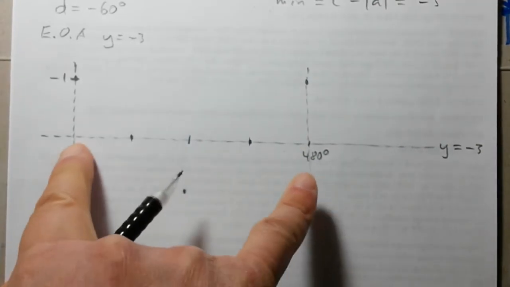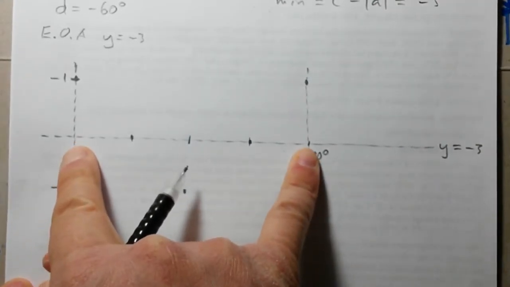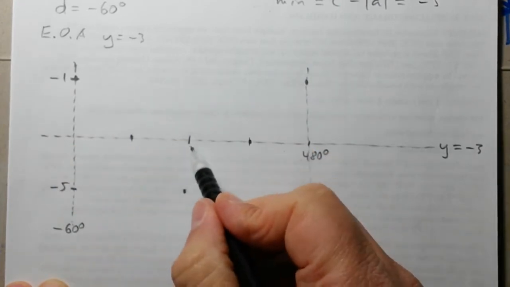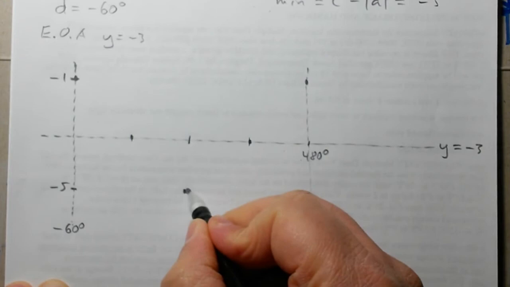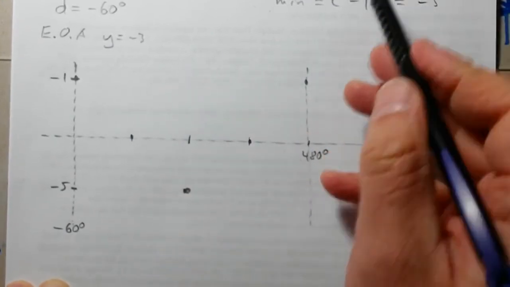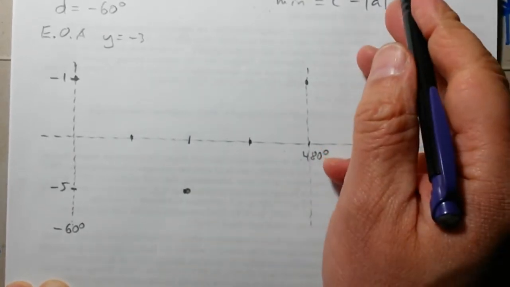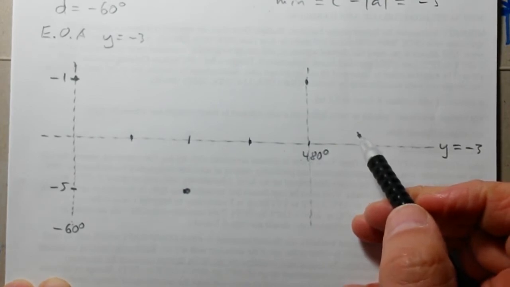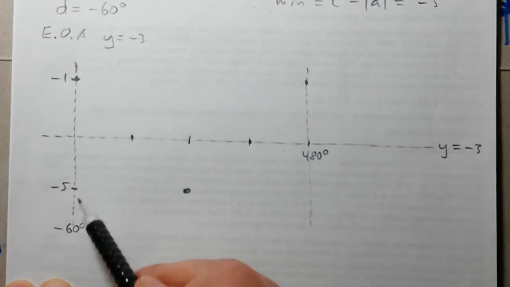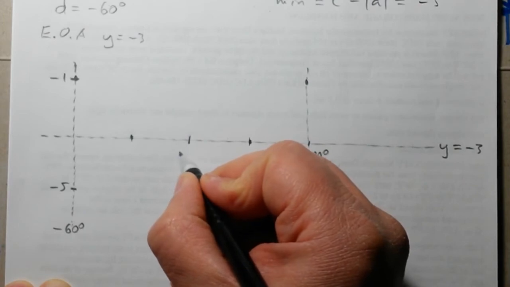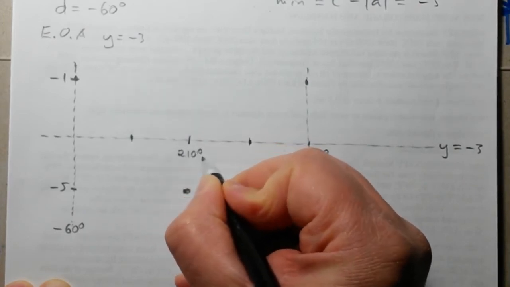Now, from here to here the period is 540, so halfway will be 540 degrees divided by 2, which gives us 270. So that means it's negative 60 plus 270. That's going to leave us at 210.